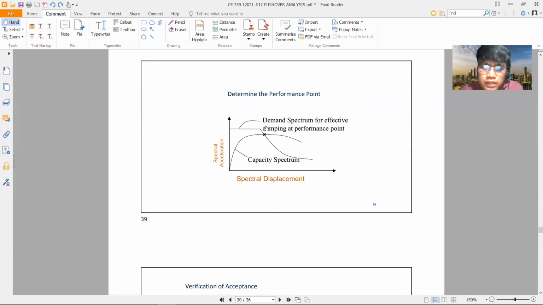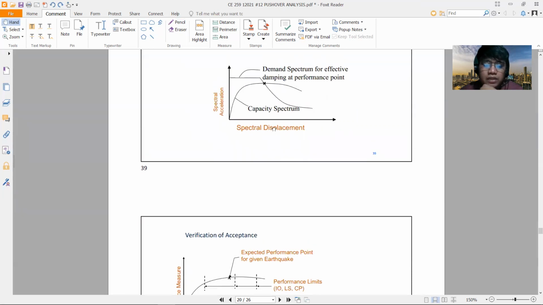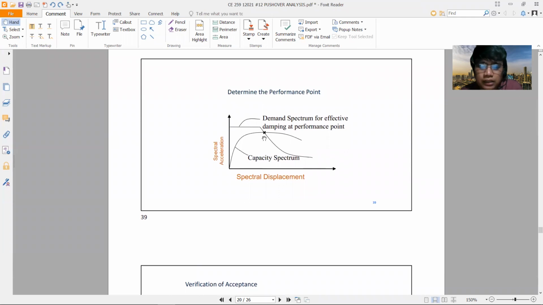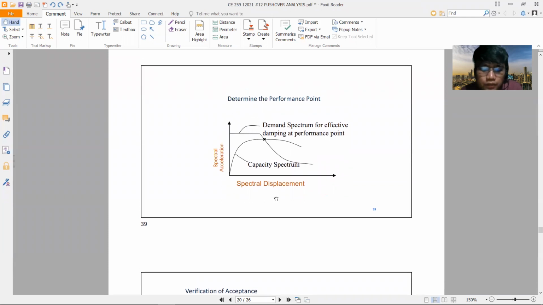So this one is yung demand spectrum for a given effective damping and location and the level of earthquake. And this one is yung capacity spectrum. Okay? So, ganyan yung ating to determine the performance point.